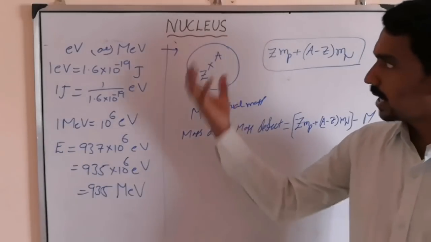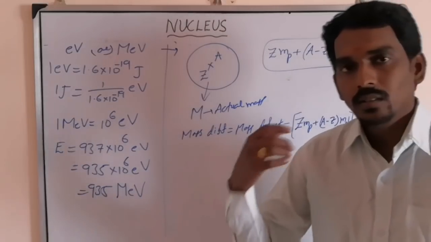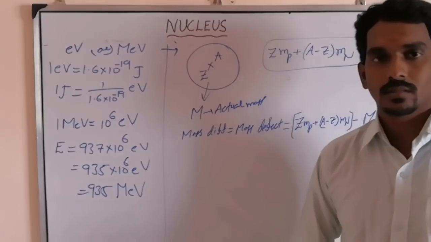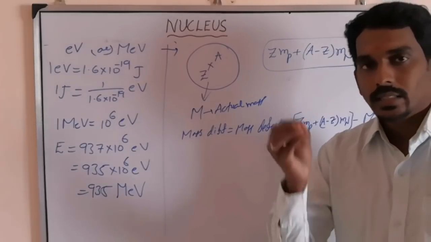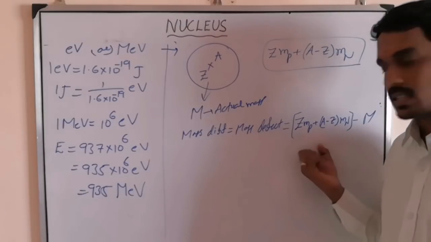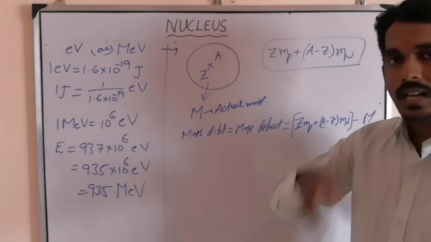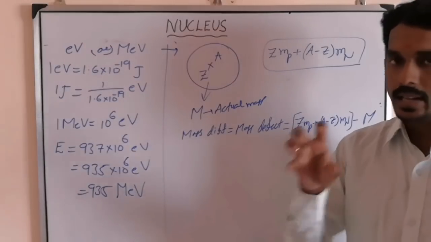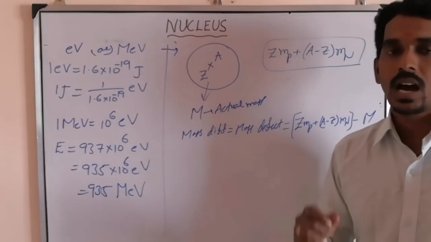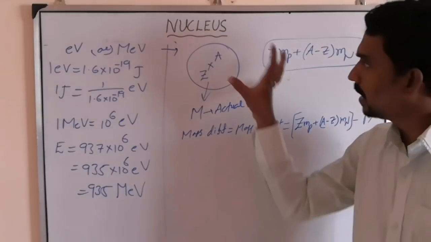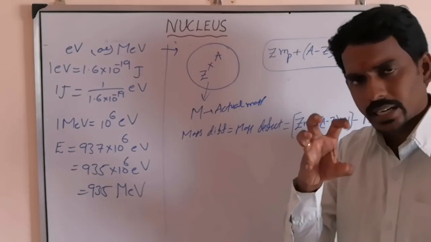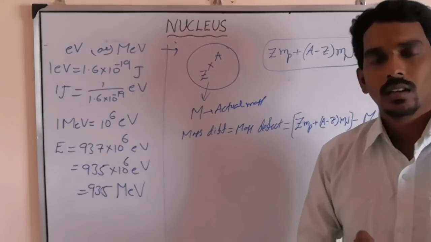So suppose 10 protons and 50 neutrons combine to form one nucleus. Then a slight difference of mass happens, and that mass will be like energy which binds them together as one nucleus, because they are now tightly bound together.